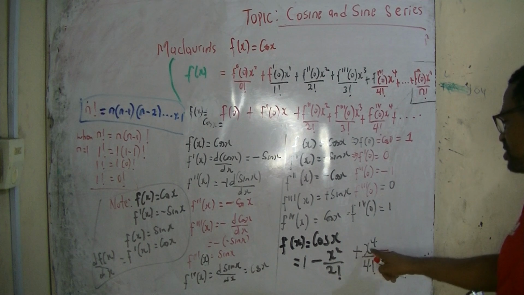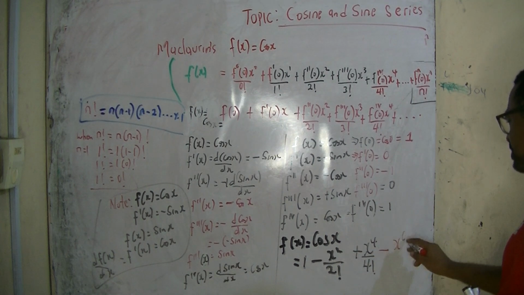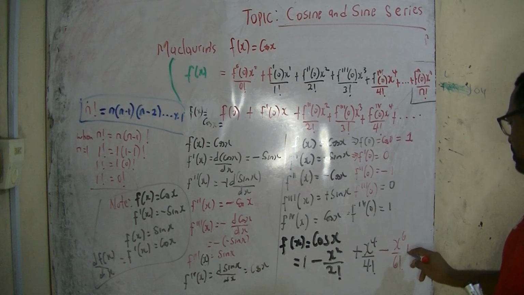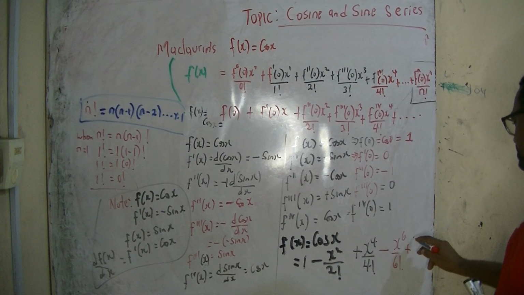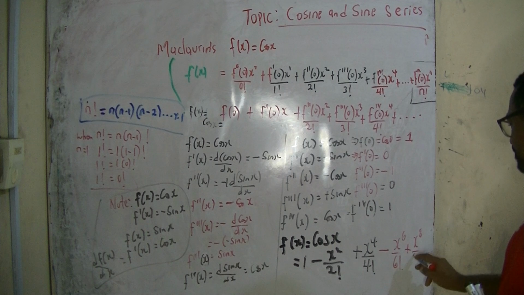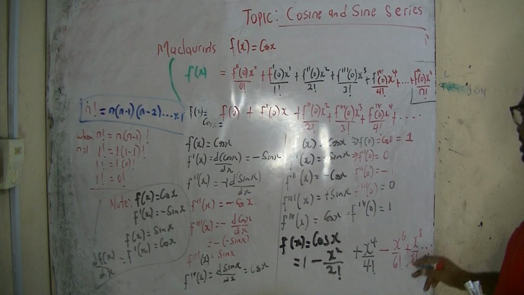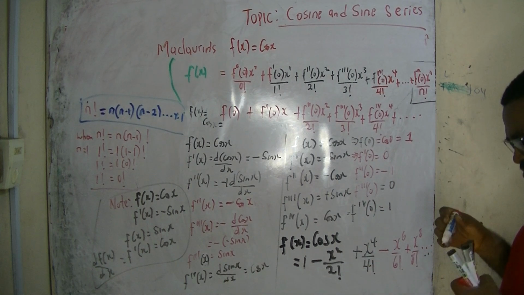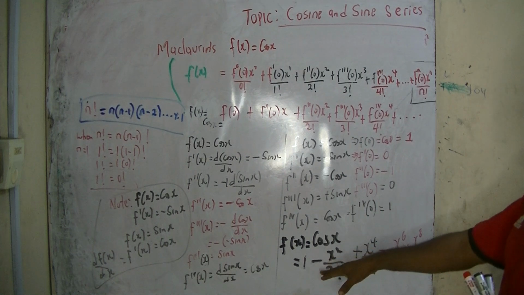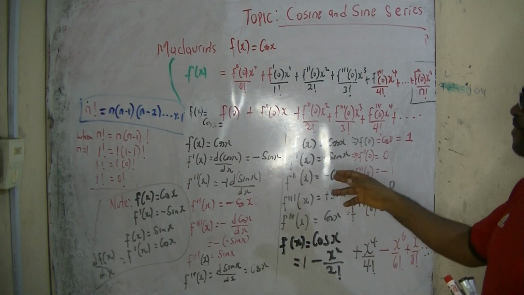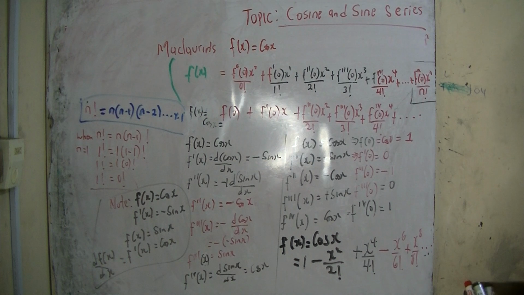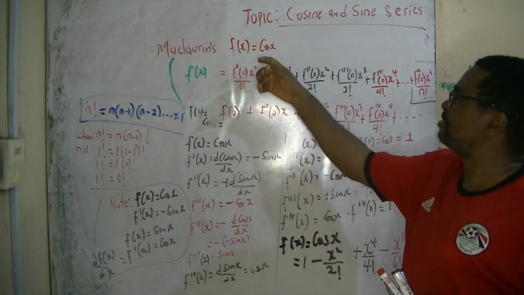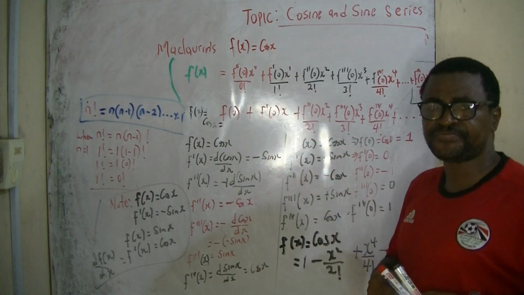So from 2 we move down to 4. That means the next one will be x to the 6 over 6 factorial. Then from negative we move down to positive. The next one will be what? x raised to power 8 all over 8 factorial, until we get to infinity, because this particular function is an approximate function for the value of cos of x.